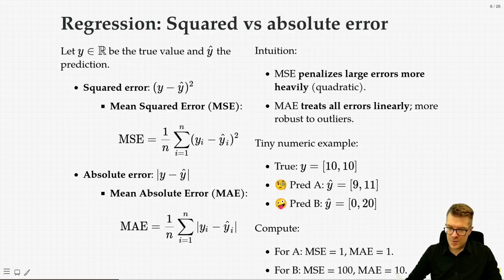The model makes small errors, and both of these metrics give small measures of error. In the second case, where model B makes these massive errors in judgment, mean squared error overemphasizes those massive differences. Whereas the difference between these two models in mean absolute error is only 9, the difference in mean squared error is 99. Mean squared error really emphasizes big differences between models, and mean absolute error doesn't.